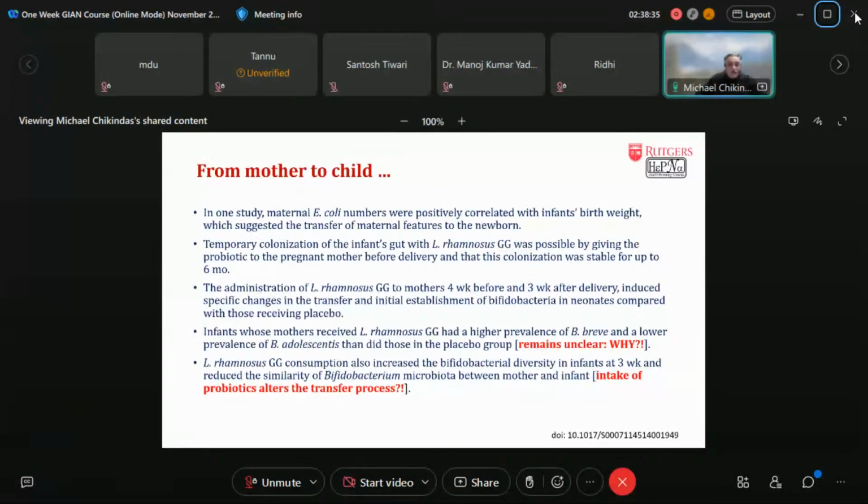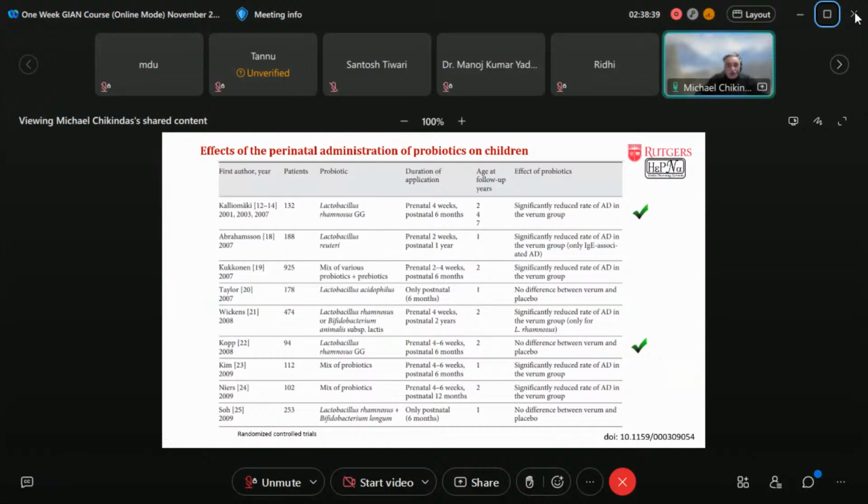If we look at the effects of the perinatal administration of probiotics to children, again we have a lot of examples, different studies, and there's always a take-home message. You have these tables in your handout so you can study them further, but I marked a couple of them for myself. One of them, promises and disappointments.